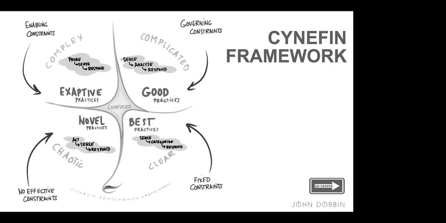And so this is where Agile practices are much better. What this model says is that when we are dealing with complex systems or complex problems, what we want to do is probe, sense, and respond. I want to go into that in a little bit of detail.